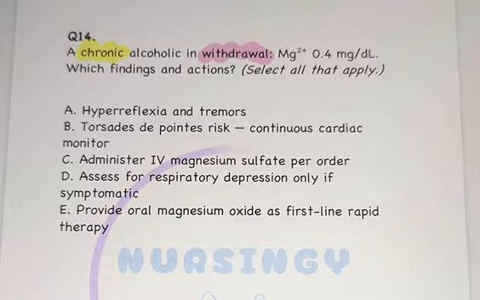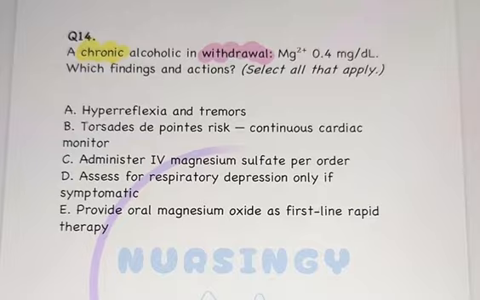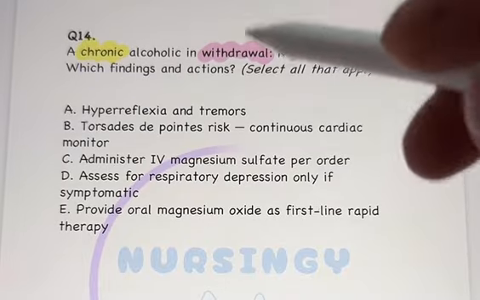Okay, and we know magnesium is very effective in muscle and nerve function. It does have a sedative effect at normal and higher levels. But now there is less magnesium, so you're definitely going to see excitability in the patient, heightened neuromuscular function.